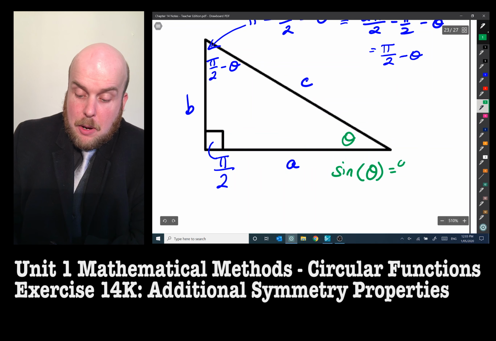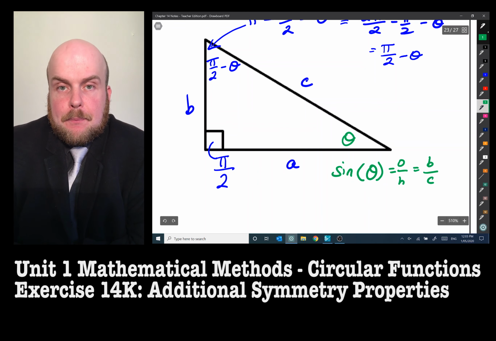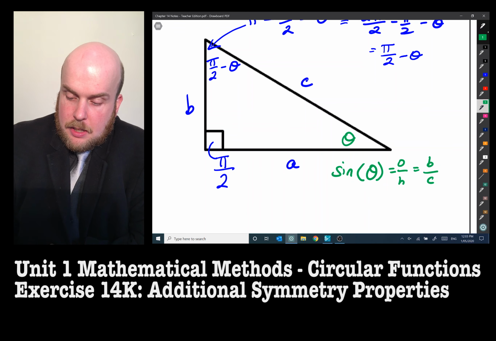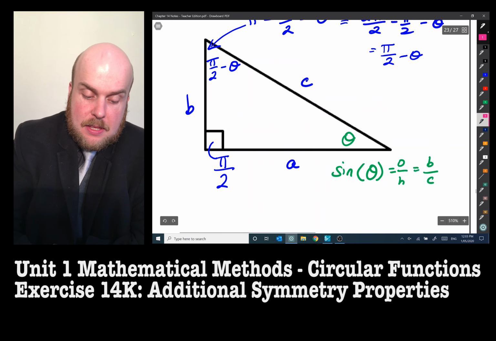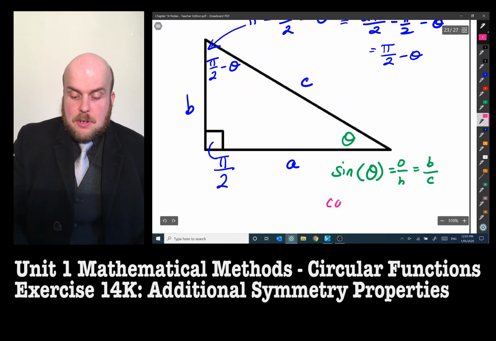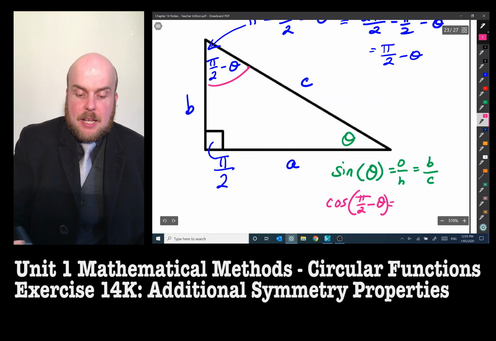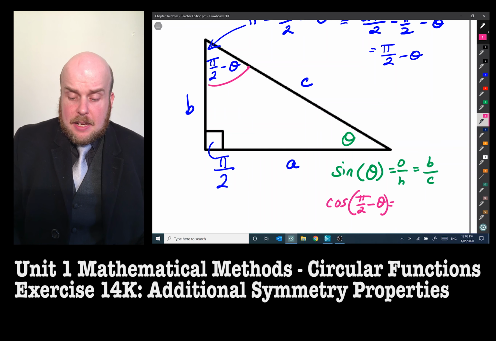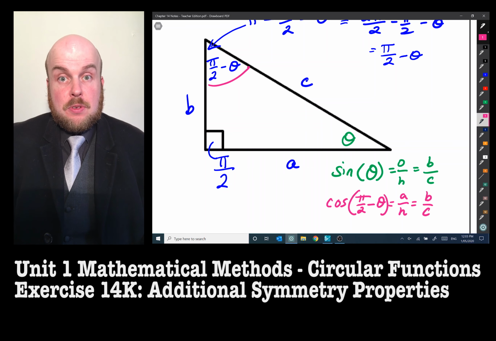Well, that's going to be opposite over hypotenuse, which would be B over C. So the vertical side over the hypotenuse. Well, if I was to do cos of pi over 2 take away theta, which is that top corner here, that is adjacent over hypotenuse, so that's also equal to B over C. So hence, those things are equal.